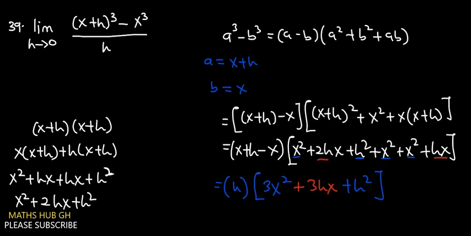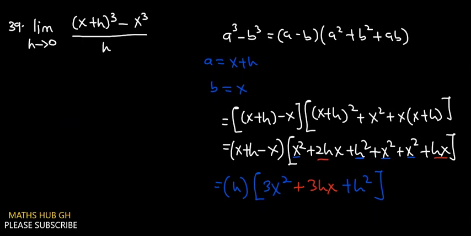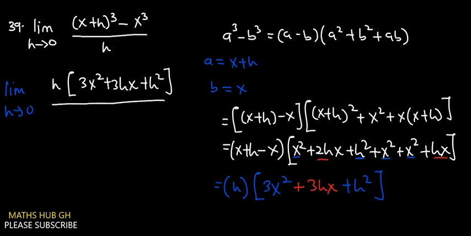So now let's substitute it back into the main expression. You are going to have the limit as h approaches 0, and for the numerator we have h multiplying (3x squared plus 3hx plus h squared), all this divided by h.